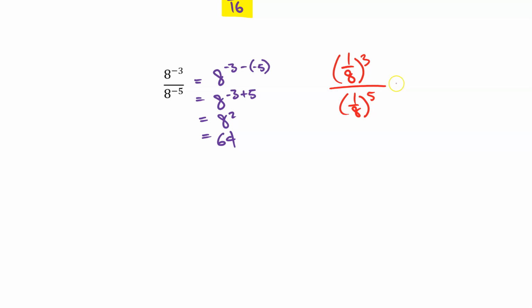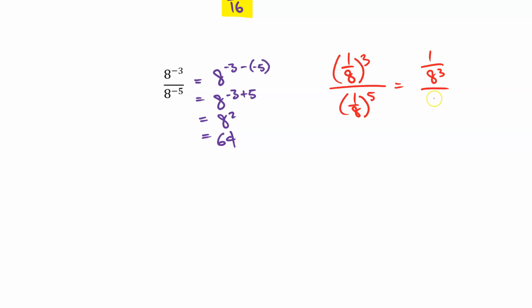What actually happens here is I'm going to call it 1 over 8 to the exponent 3, which is really 1 cubed over 8 cubed. Or I'm going to write 1 over 8 to the exponent 3. There's a 3 on that one, but honestly, that just becomes 1, right?